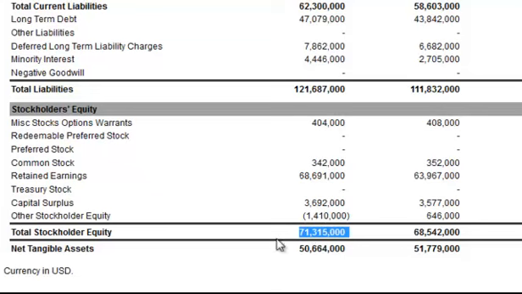Now, because this is referred to as book value inaccurately so many times, some people might think that I can simply take this number and divide it by the shares outstanding, and that would give me the book value per share. That would be inaccurate in many cases. The reason is that as a common stockholder, when you're looking at shares outstanding, you're looking at common shares outstanding. So this total shareholders' equity doesn't just analyze the common stock.